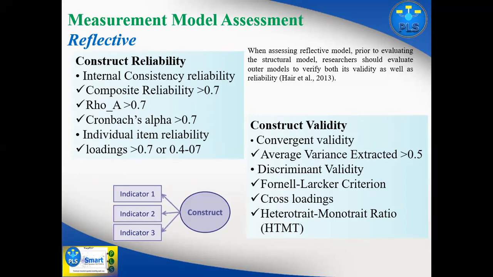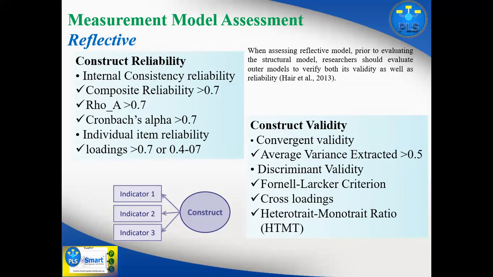But there are other scholars who argued that 0.4 to 0.7 can be considered acceptable if the AVE is achieved. I will tell you about that next. AVE is a higher level of reliability.